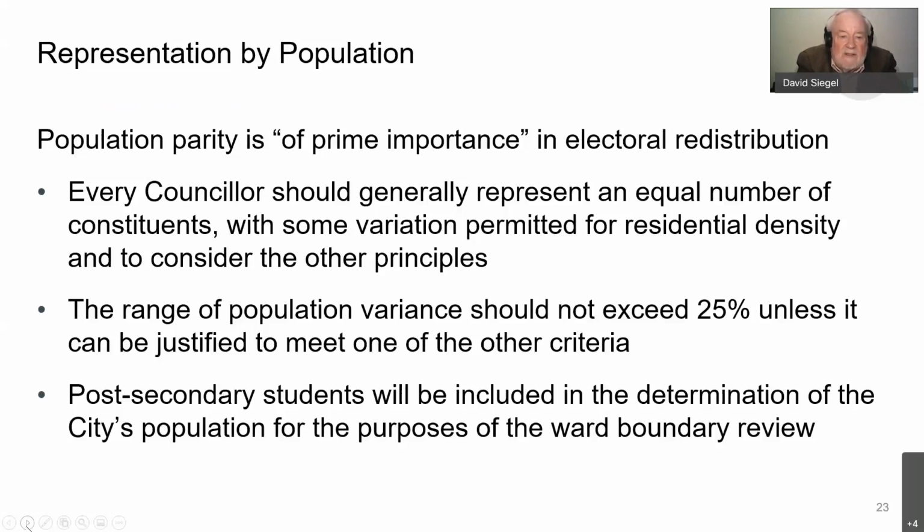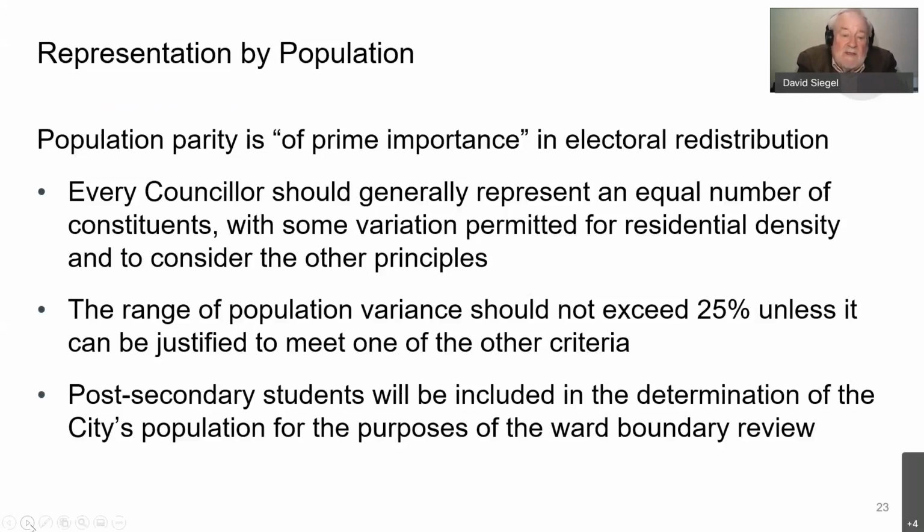We are allowing ourselves at the beginning of this about a 25% variance. The reason you have to have some sort of variance is because there are three other principles, as Bob said, and he's going to be talking about those in a minute. It would be nice to have absolute equality, but that would ignore the other principles, which have to be weighed in as well.